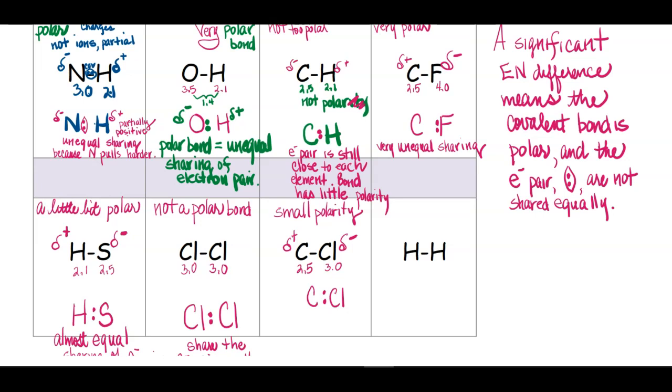And then we saw that since this is a diatomic element molecule, the electron pair should be perfectly fixed between the two, right? Just like that. So, not a polar molecule, not a polar bond.